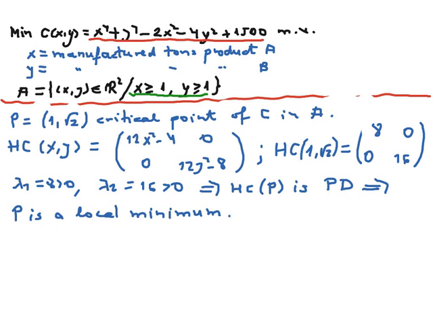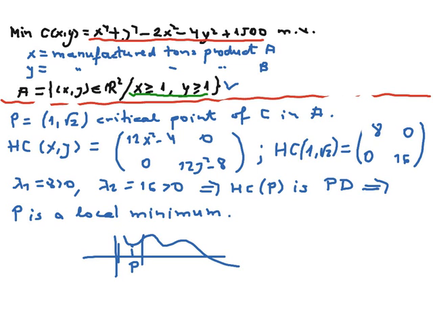This means, for example, that if this would be P, this point, we have that P is a local optimum in R2, but we are interested in knowing what happens in, for example, this set.